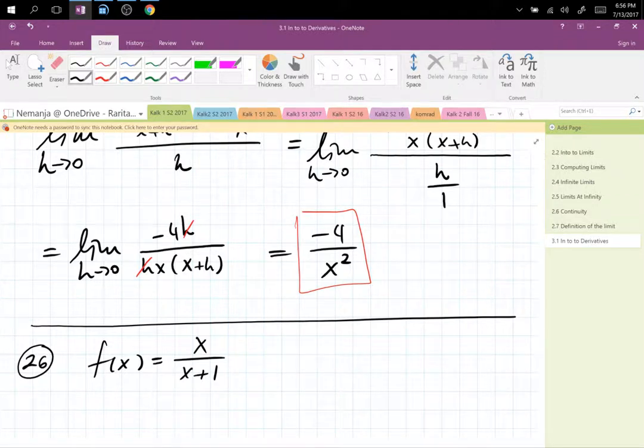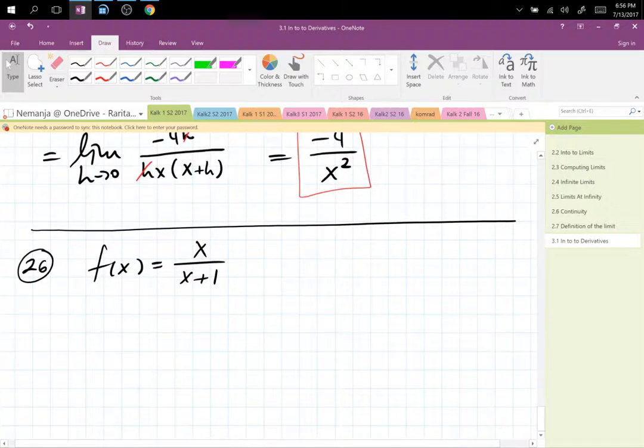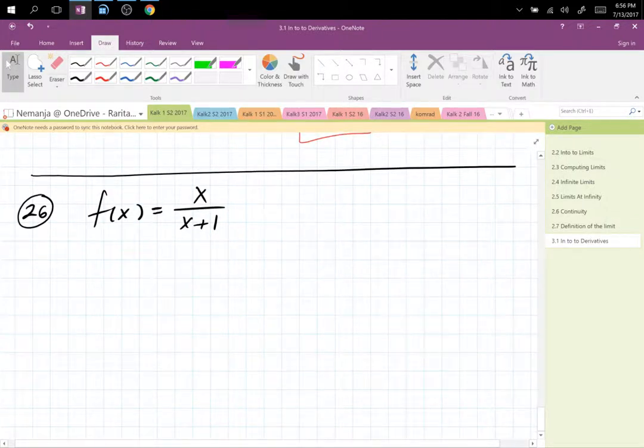So you can also find the tangent line, because you will have to find this. Well, let's just do the derivative. We'll deal with the tangent line soon.